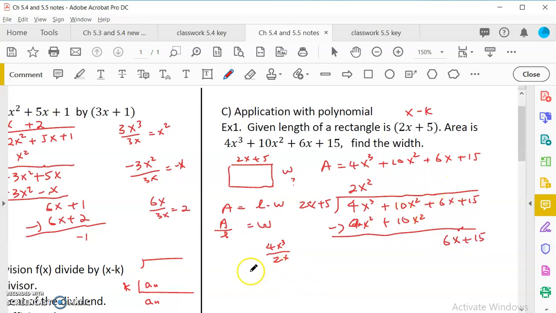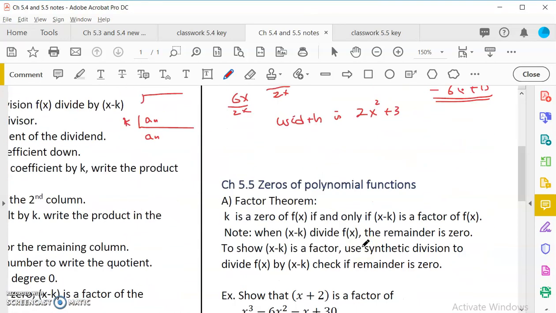And 6x over 2x, so that's 3. So 6x plus 15, that's also 0, so it divides totally. So this would be the width. So you would say the width is 2x squared plus 3. So you find the width by dividing the area by the length.